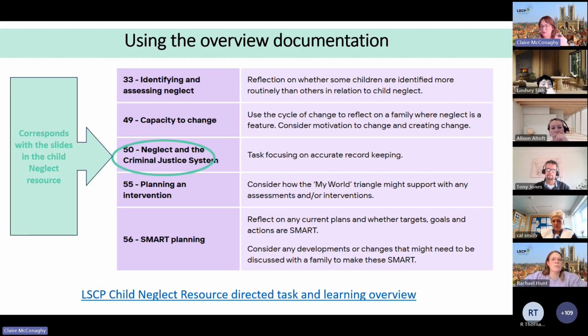We did send out the link with the Sway for this session today, to get people to familiarise themselves with this document, and because it's a link to Canva, what we'll be doing is looking at access to that. LSCP will evaluate who's accessing and how things are being accessed. So it will be part of our evaluation of how child neglect resources are being used in Lincolnshire. So we just encourage people to share this and open this and have some use of it.